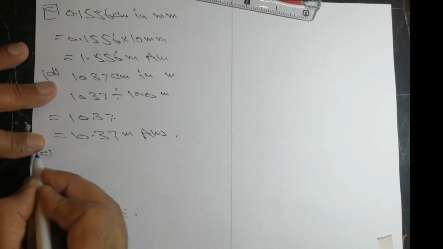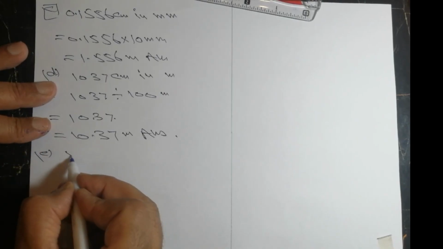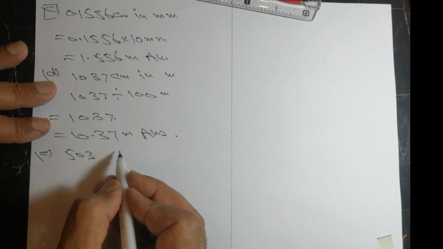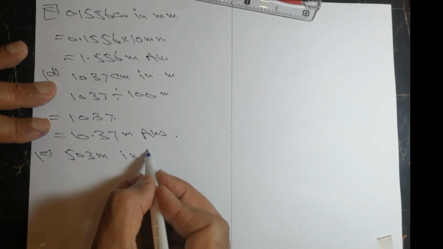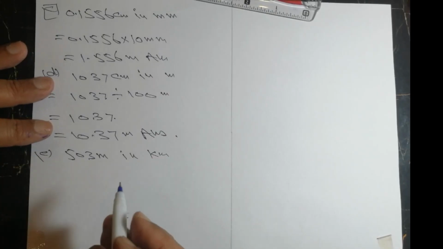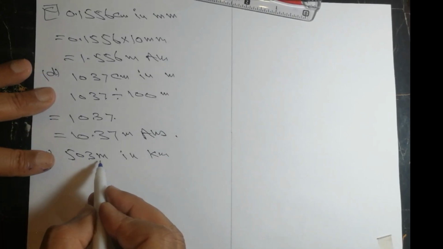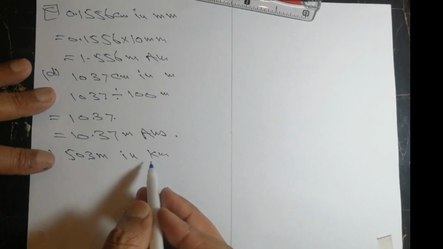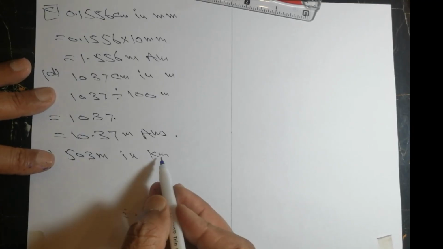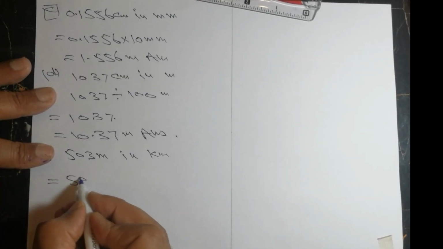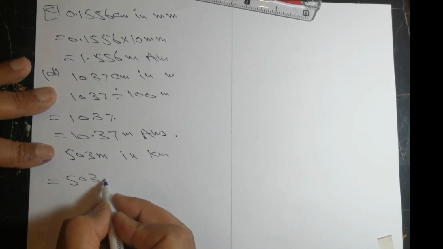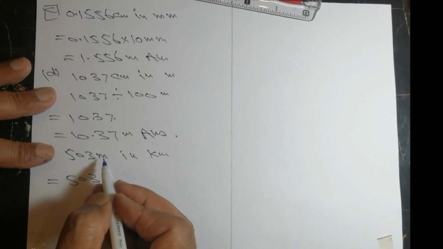Part E, 503 meters in kilometers. Again we are going from a smaller to a bigger unit. From smaller to bigger we will not multiply, we will divide. That is equal to 503 divided by, what is the relationship?